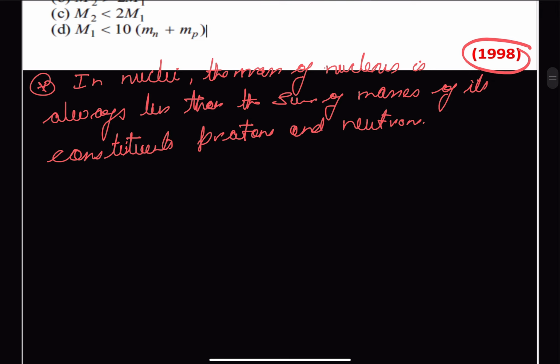And in simpler terms, we can write that delta m, the mass difference, will be equal to Z multiplied by mass of proton plus A minus Z multiplied by mass of neutron minus mass of the nucleus.